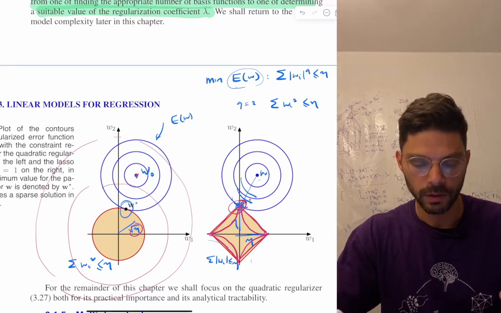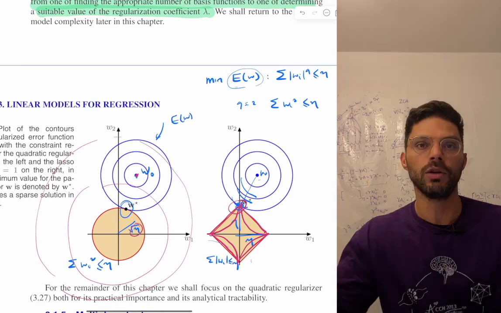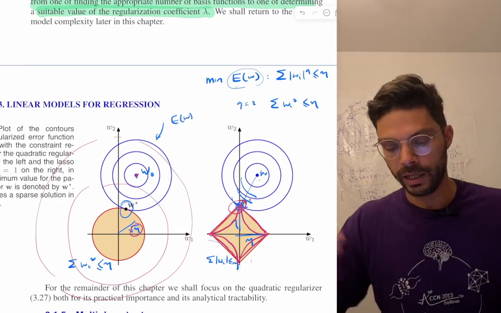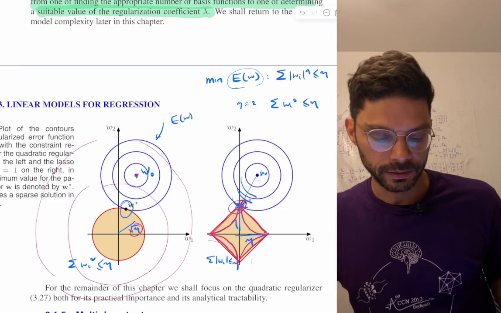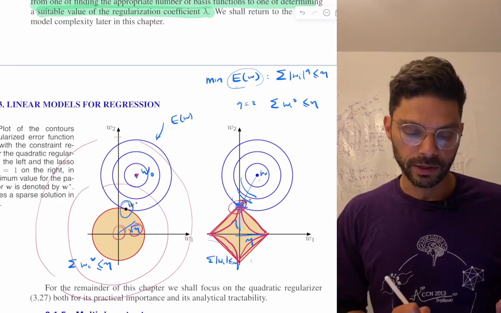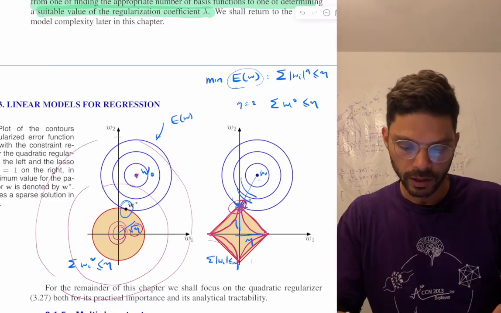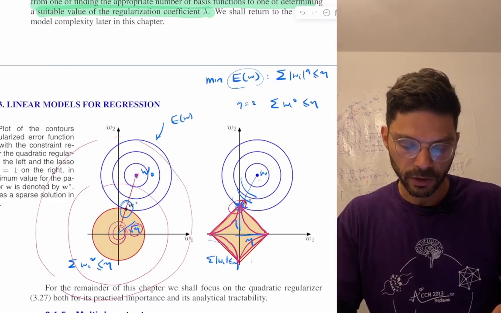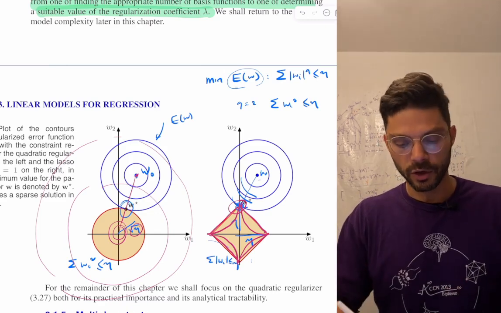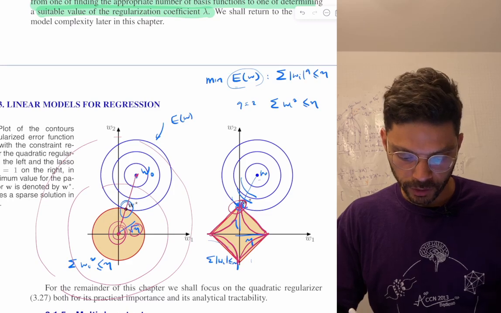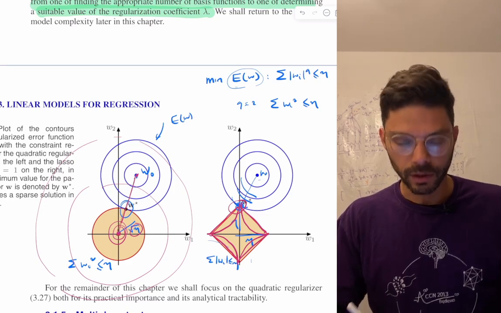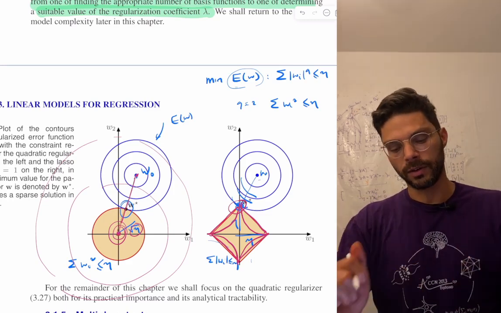At some point the constraint is so loose that it's almost as if it isn't there, and the regularization doesn't matter. If you make the regularization stronger and stronger, that's like making eta smaller and smaller. You end up getting farther and farther from the solution. If the regularization is super strong, the only point that survives is 0. So you get shrunk to 0.